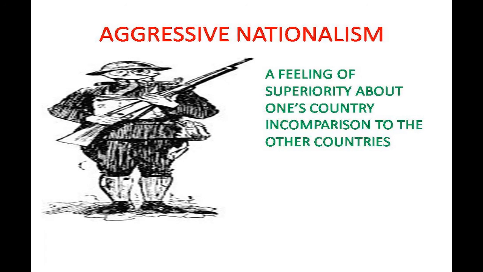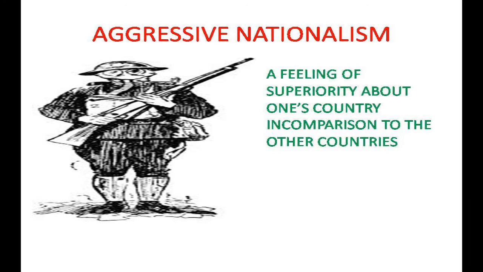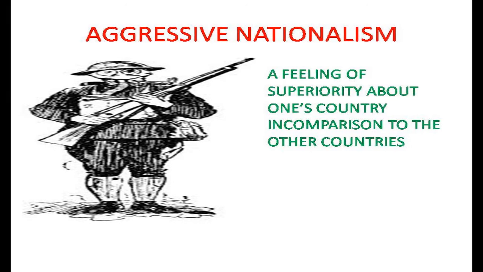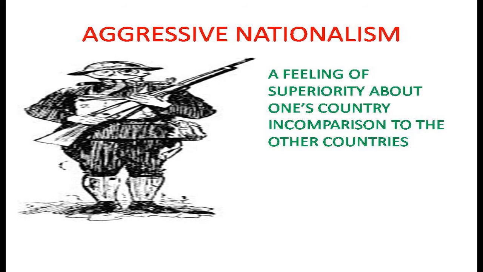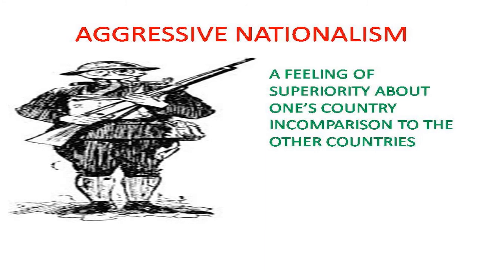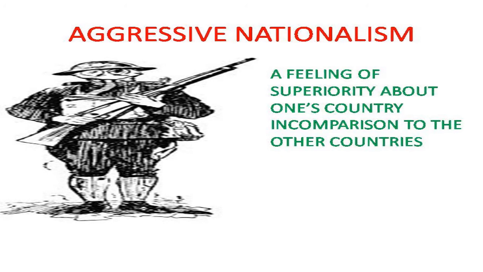If we see this aggressive nationalism, which was in destructive mode in Italy and Nazi Germany since 1923, fascists promoted aggressive nationalism and the image of a victorious Germany ruling over the world.